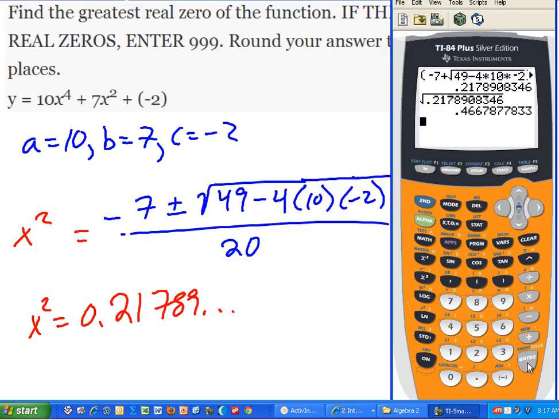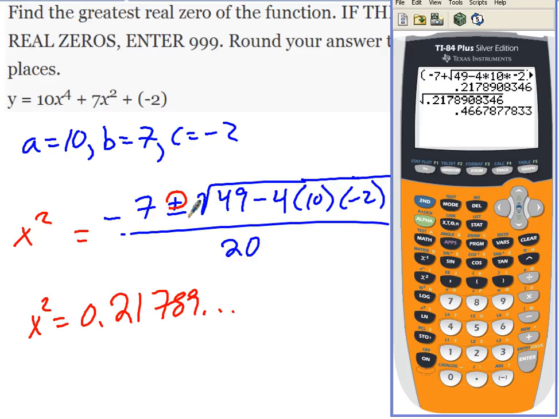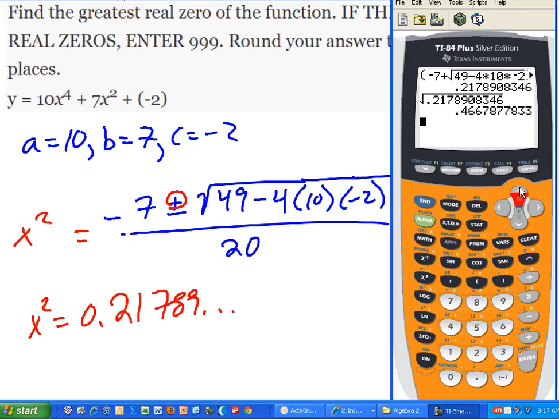Now, what if I want to go back and get the other one? I used the plus sign, right? But I could go back and overwrite that. If I go up and grab the quadratic formula expression, I could just go back and change that plus sign to a minus sign. Right there.